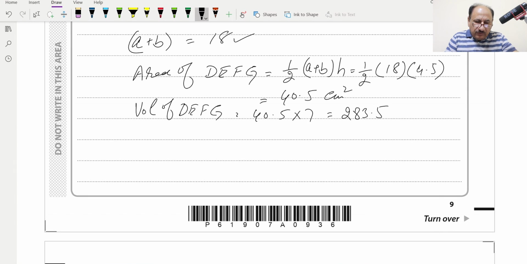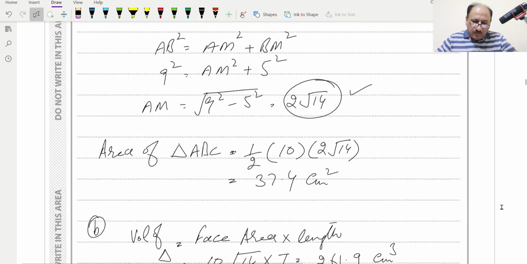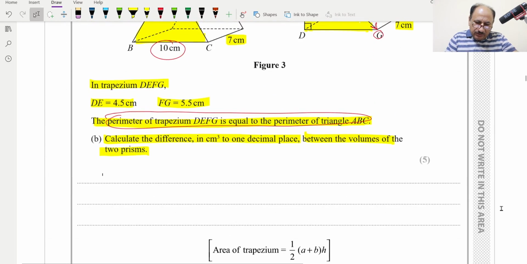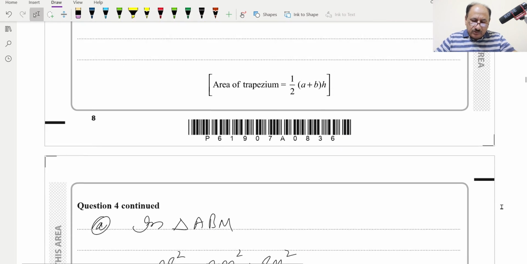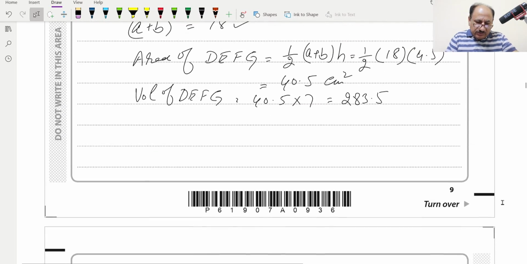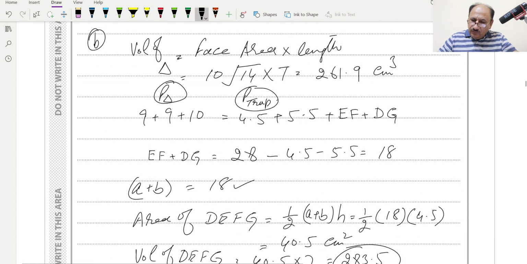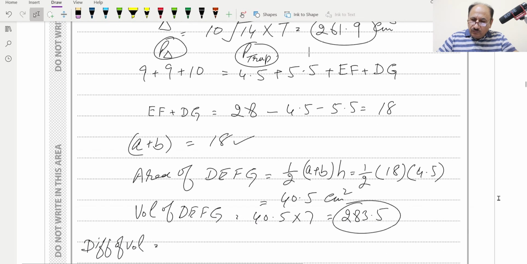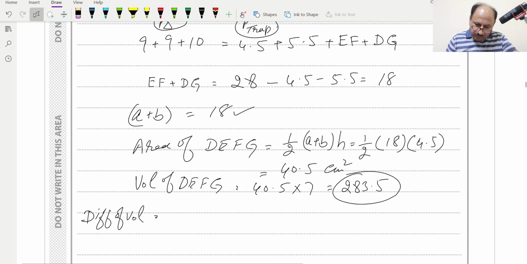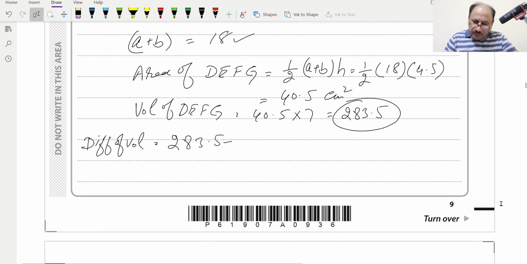And difference of volume, they are asking for difference. Calculate the difference in centimeter cube to one decimal place between the volumes of the two prisms. So difference of volume will be equal to one is this value, and the second value we calculated is over here, so we can write 283.5 minus 261.9.